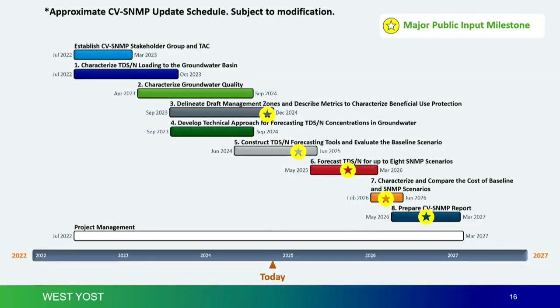The yellow stars represent the major points in time when we will be having public input on each one of these future tasks. Again, you can get into the details of each one of these tasks in our work plan, as well as the technical memoranda that are published when each one of these tasks are completed.